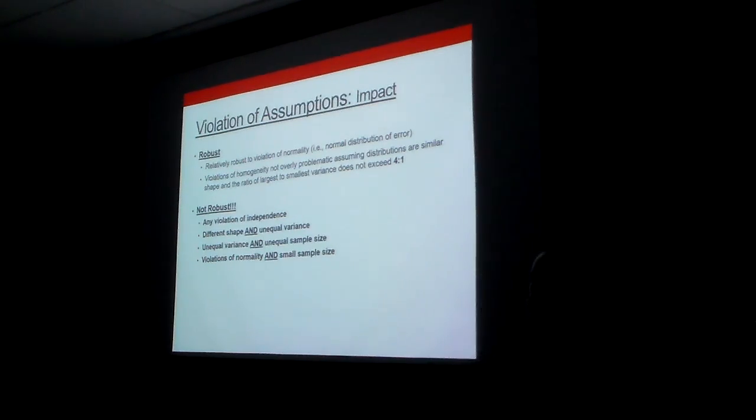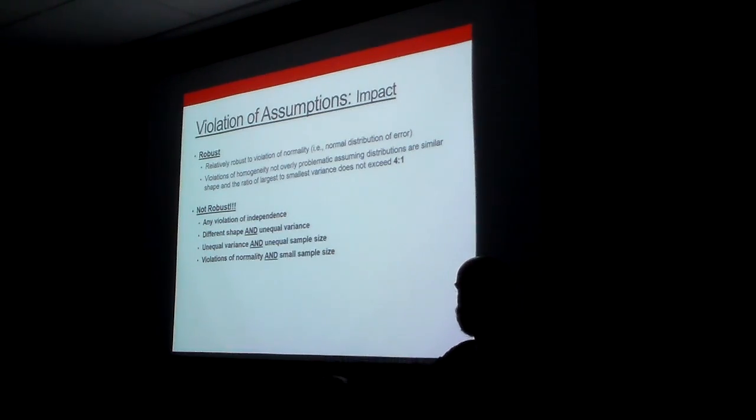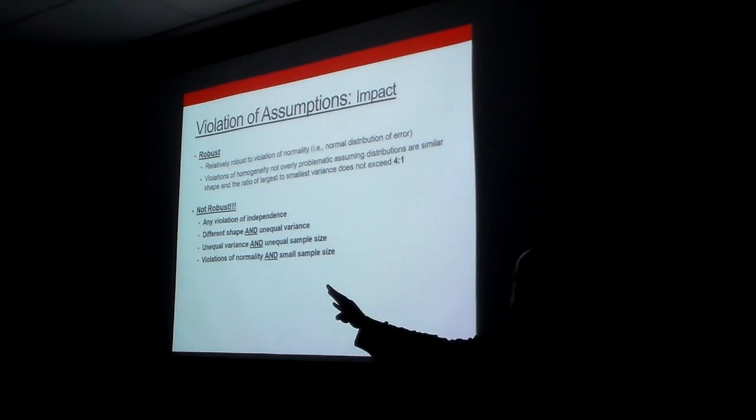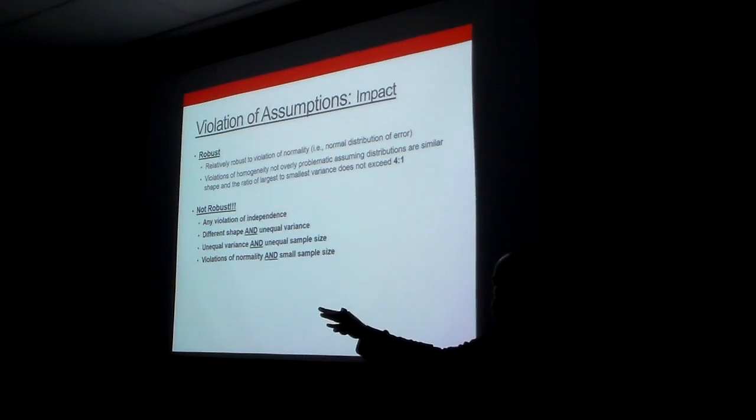Condition A has a crazy positive skew, condition B has a normal distribution, and the variability in this group is widely different than the variability of that group, that's a problem, okay? If we have unequal variances and unequal sample sizes, right? I've got 20 people in this group and 120 in this group, and this group has much smaller variance than that group, then that's a problem, okay?